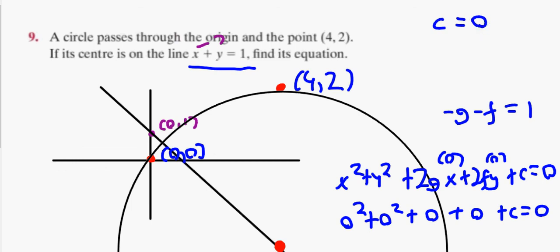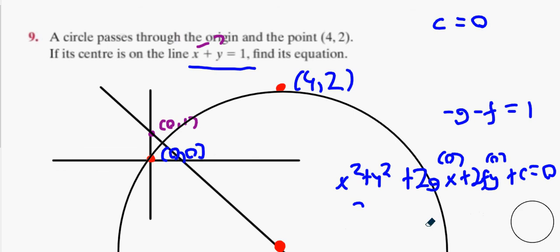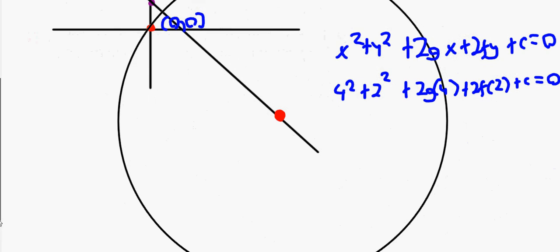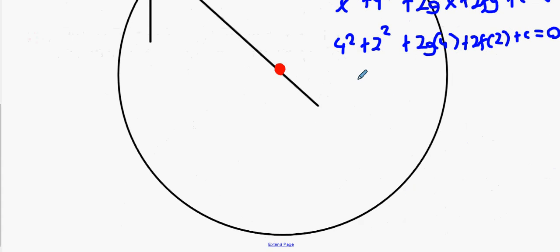The next thing I'm going to do is use the point 4, 2. So what about the point 4, 2, lads? What is it? 4 squared plus 2g times 4 plus 2f times 2 plus c equals 0. Now what can we get here? Sorry, I'll just multiply it all out. 16 plus 4 is 20.